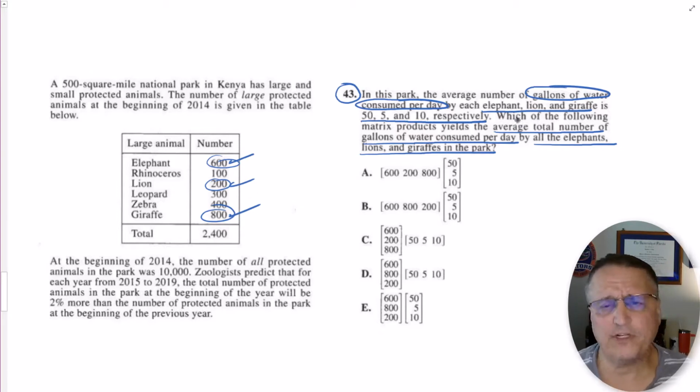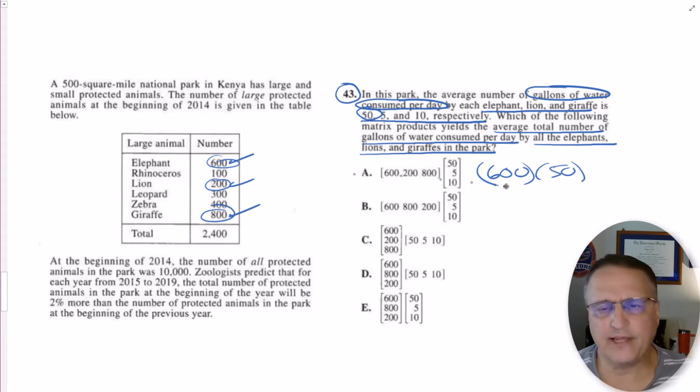If I wasn't using matrices and they weren't forcing me to look at this as a matrix problem, then I would take the number of elephants that I have, 600, and multiply that by the average number of gallons of water that each one of them is consuming, which according to this is 50. So I would get 30,000 gallons.